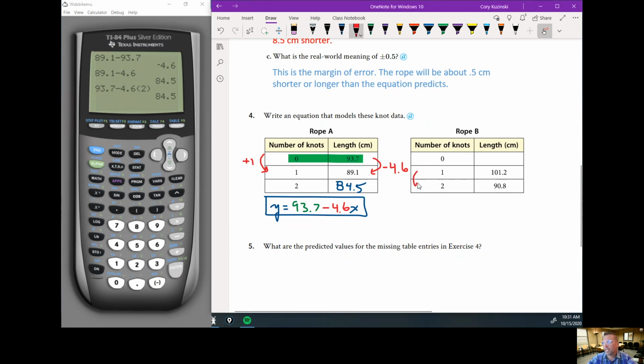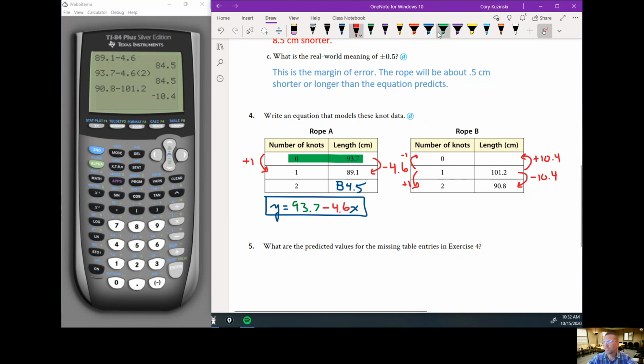All right, again, we have this increase in 1 knot here. What's our decrease here? 90.8 minus 101.2. That's a decrease of 10.4 centimeters. Must have been a thicker rope, maybe. All right, so the thing is, we're going to have to go backwards one to figure out this value, because that's the value that we need in our equation.